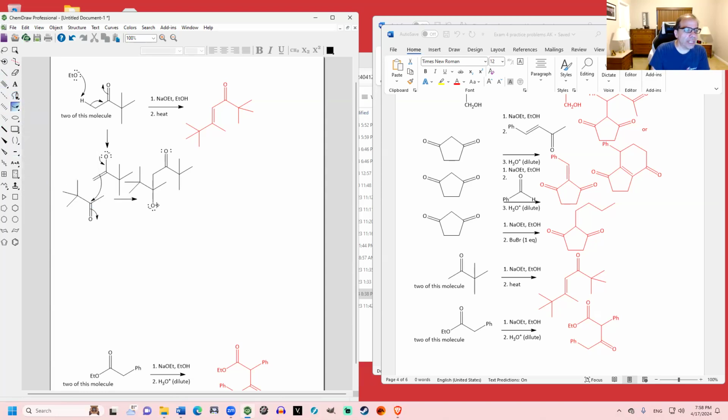Then, as you recall, the alkoxide intermediate gets protonated by the solvent. In this particular case, the solvent is ethanol. The solvent might not always be ethanol, but in this case, it's ethanol.